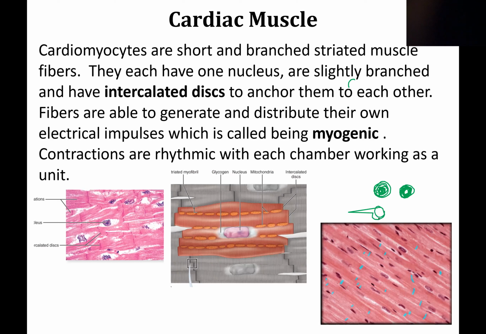The right ventricle contracts and relaxes as a unit. If you have a petri dish and can isolate a single cardiac fiber, it will have its own contraction and relaxation rhythm. If you have a second one, as long as they're not touching, they're each going to have their own rhythm. Once they touch each other, they adopt the same rhythm. So they work together as a unit.